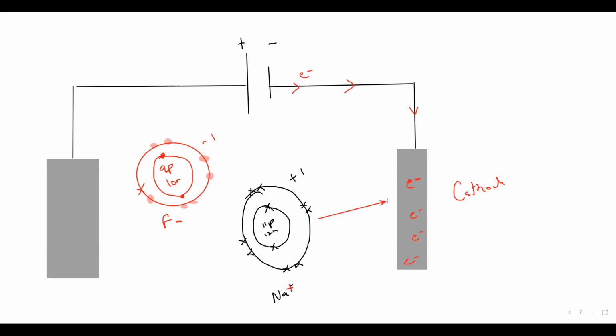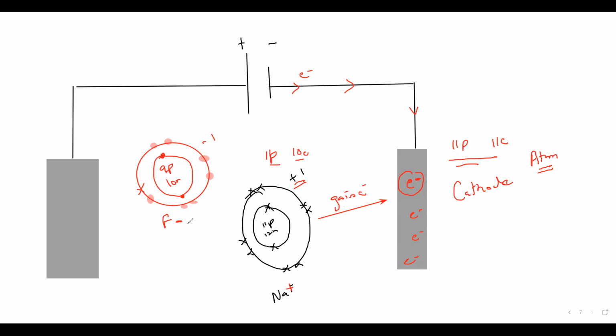So sodium ions are attracted towards the cathode, and this sodium will take the electron. First it had 11 protons and 10 electrons, but when it takes this electron, it will have 11 protons and 11 electrons. So this sodium ion will turn into a sodium atom. The positive ion gains an electron and turns into an atom.